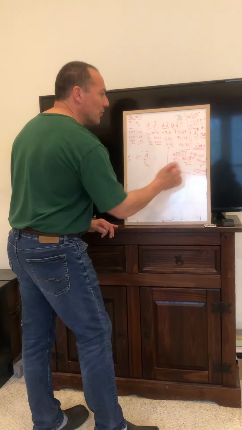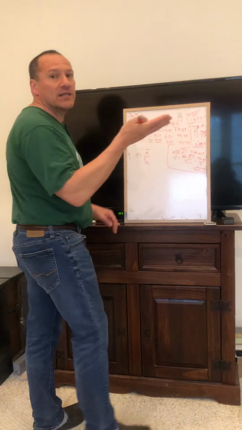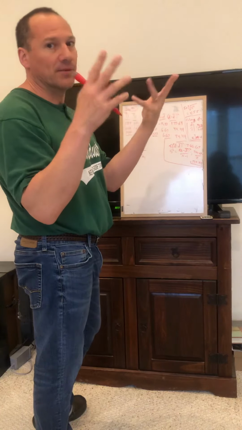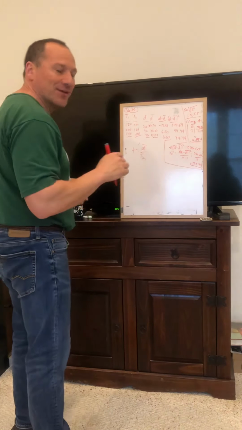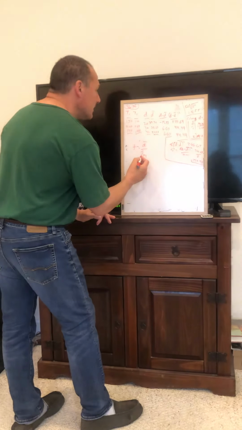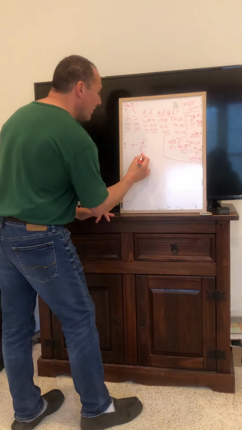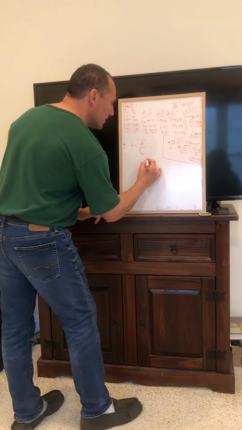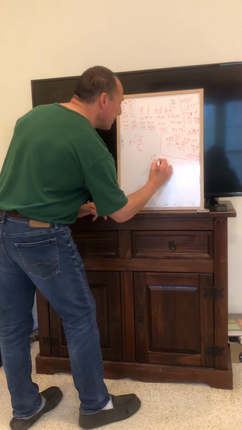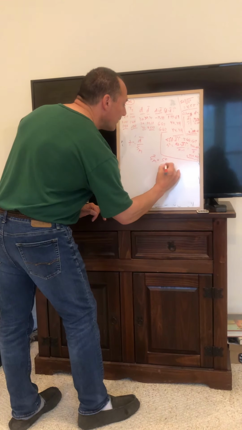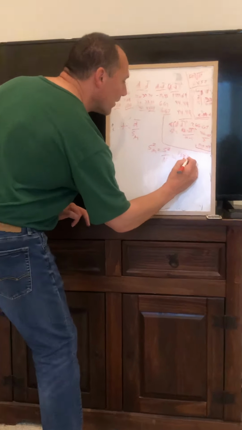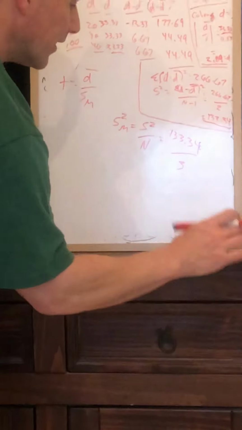Okay, so that's Cohen's d, and of course that's a very big effect size. If an effect size of 0.8 is defined as large, then this is like ginormous, might be the scientific term for that. So let's go back to our t. T equals d bar divided by S sub m. S square sub m equals S square divided by n, which is 133.34 divided by 3.